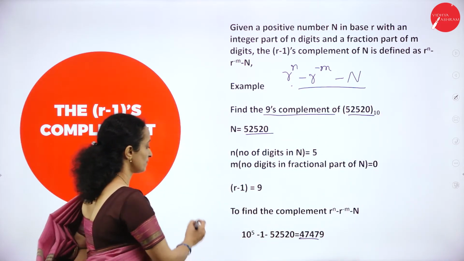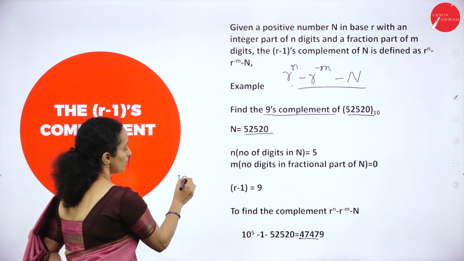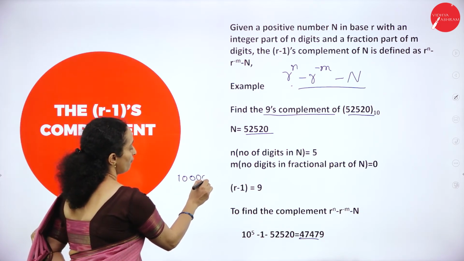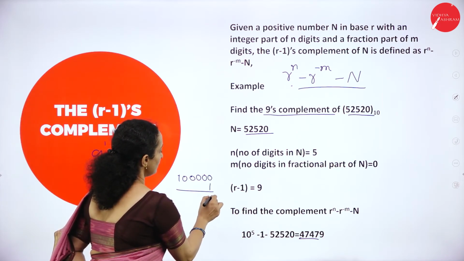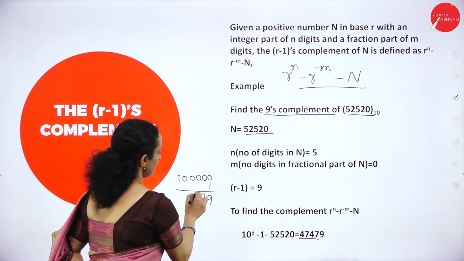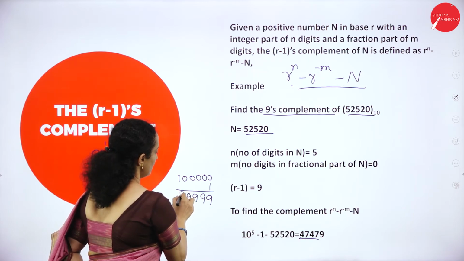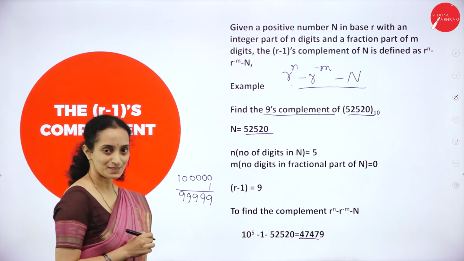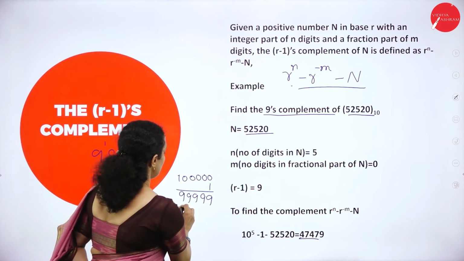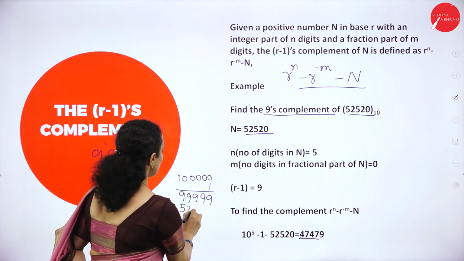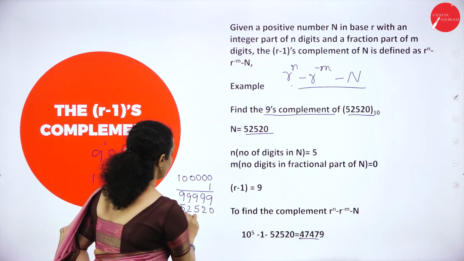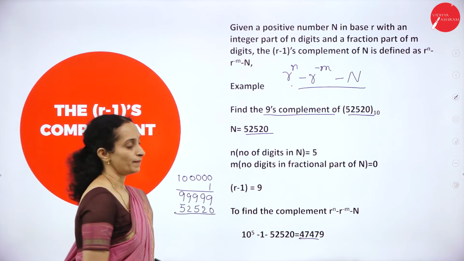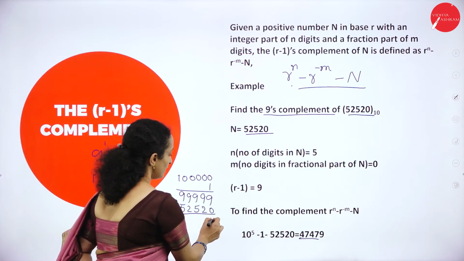The calculation will be 10 to the power of 5 minus 1, which results in 99999. Now subtract 52520 from all the 9's.